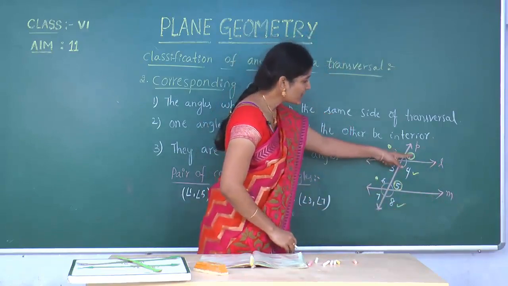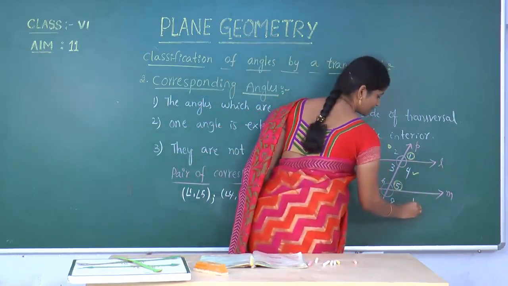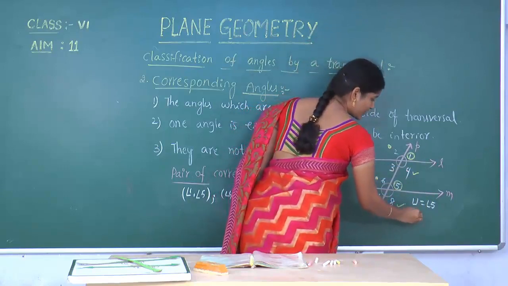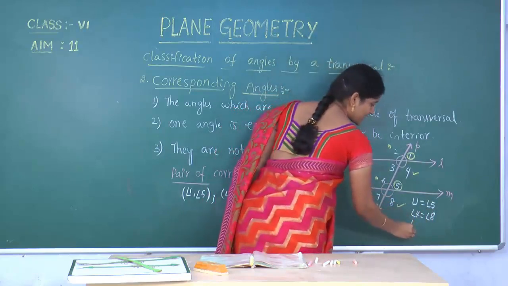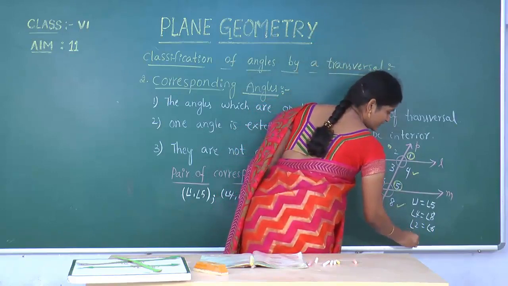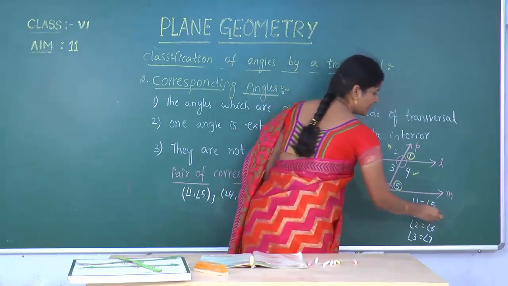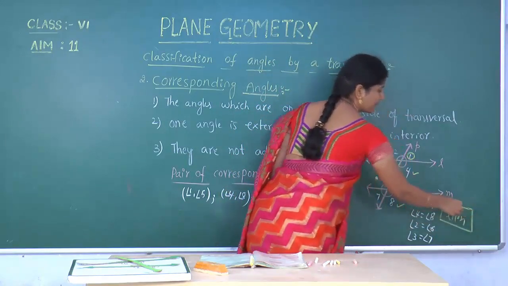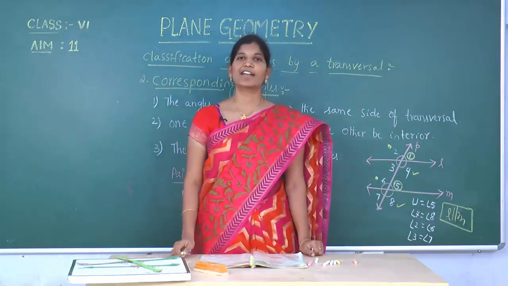If angle 1 is equal to angle 5, or angle 4 is equal to angle 8, or angle 2 is equal to angle 6, or angle 3 is equal to angle 7, we can say L is parallel to M. If two lines are parallel, then their corresponding angles are equal.